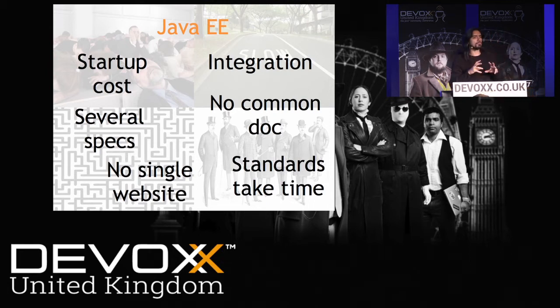But again, how do you integrate that? You find books about JPA. You find books about JSF. My book tends to talk about everything, you know. Java 7 is 32 specs. If you put all the specs together, it's something about 8,000 pages long of specifications. Where do you start? So it's a difficult topic.